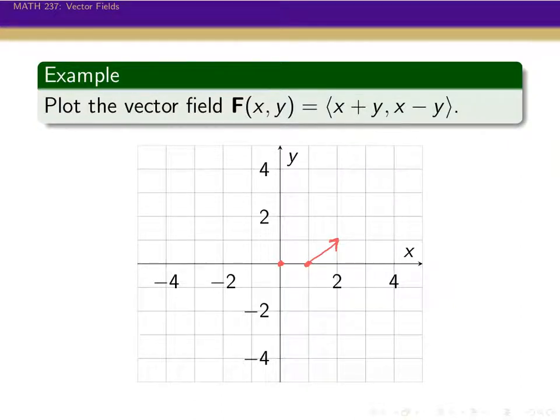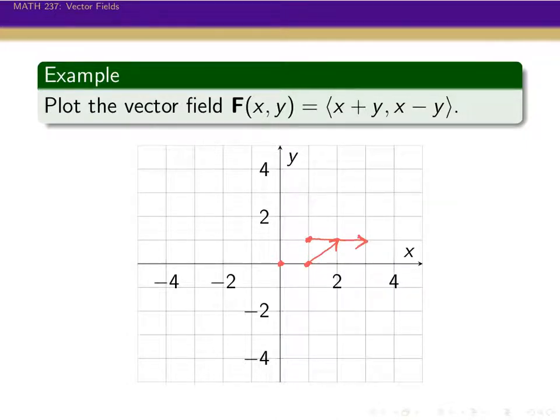If we take the point 1, 1, 1 plus 1 gives me 2, and 1 minus 1 gives me 0, so this is going to be the vector 2, 0.